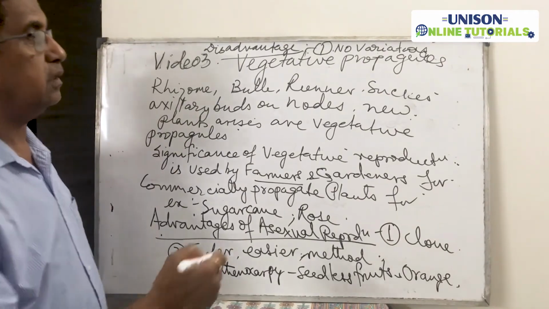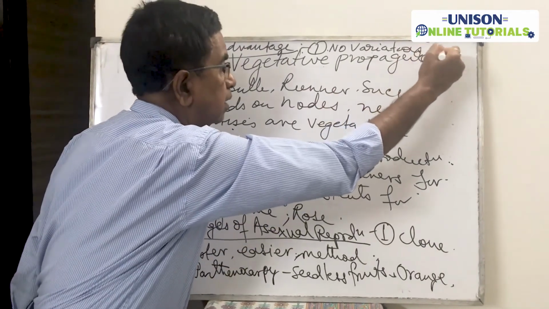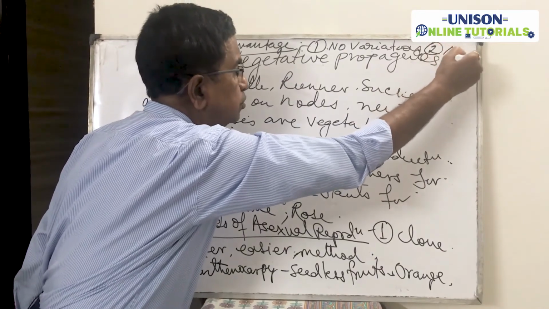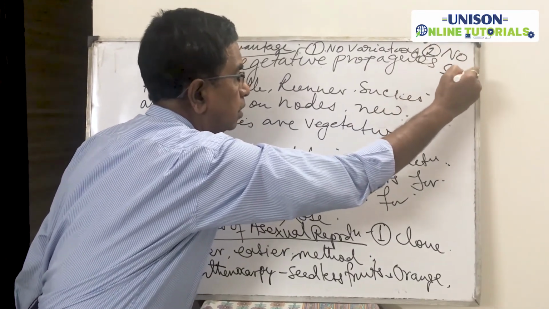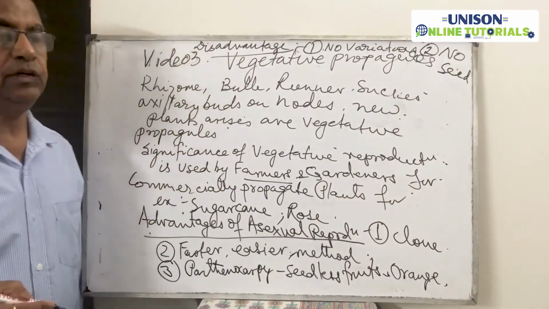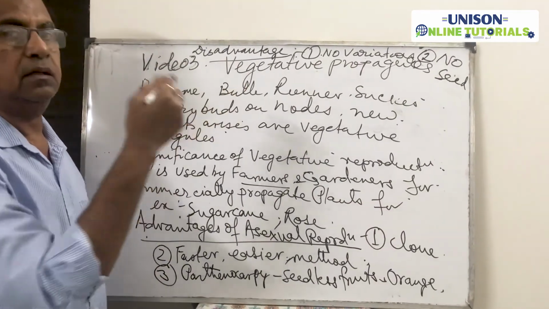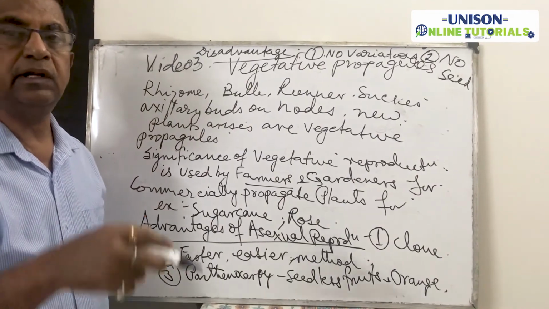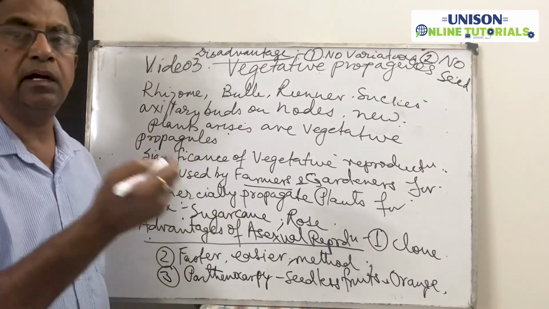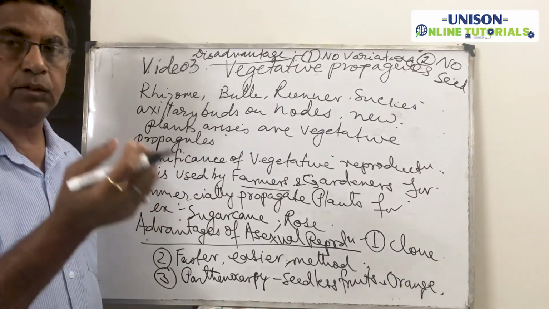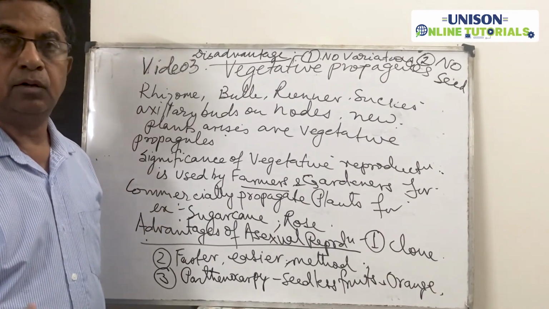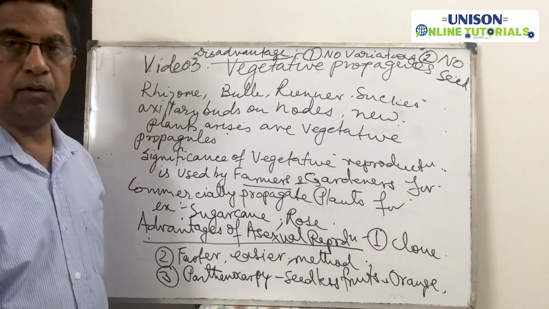Next, in asexual reproduction there is no seed production. So if there is no seed production, what is going to happen? It cannot be stored for the next crop. Like in paddy and wheat, farmers store seed for growing the next crop.